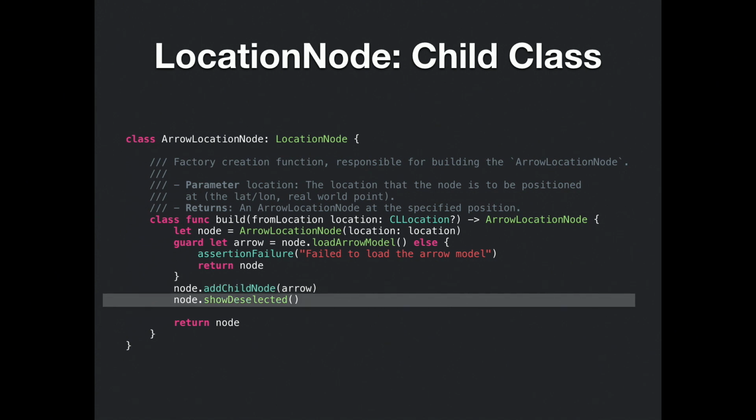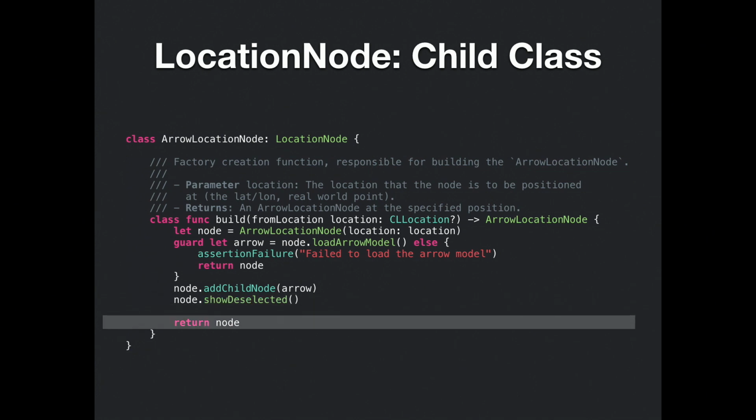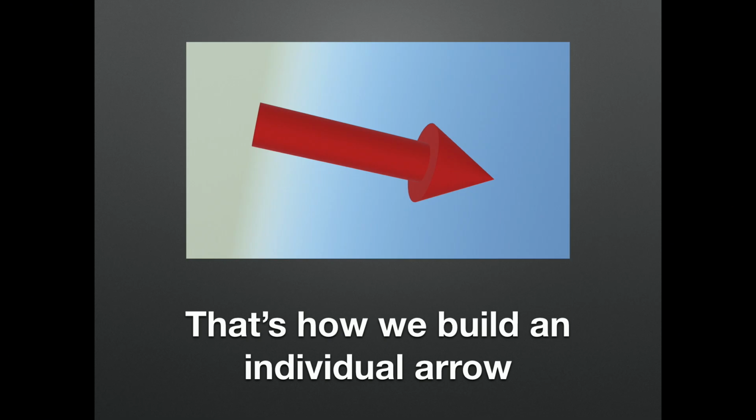And then in this case, we have some application-specific business logic. And the reason being, in this implementation, you can actually tap on the node to select it, and it will change the color to show that it's selected. And then we're going to go and return it, like any good factory creation method would do. And it creates you an arrow and returns it back. So that's essentially an individual arrow.